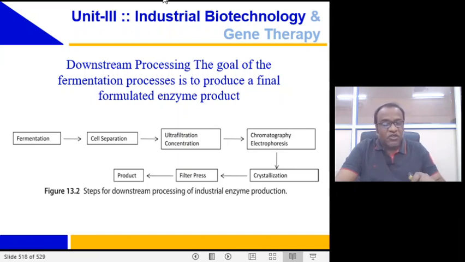So optimization of each individual unit operation does not always lead to an optimal overall process performance, right? If you keep optimizing individual unit operations, for example cell separation, it doesn't mean that it will always lead to an optimal overall process performance, because these unit operations may have strong interactions between them.